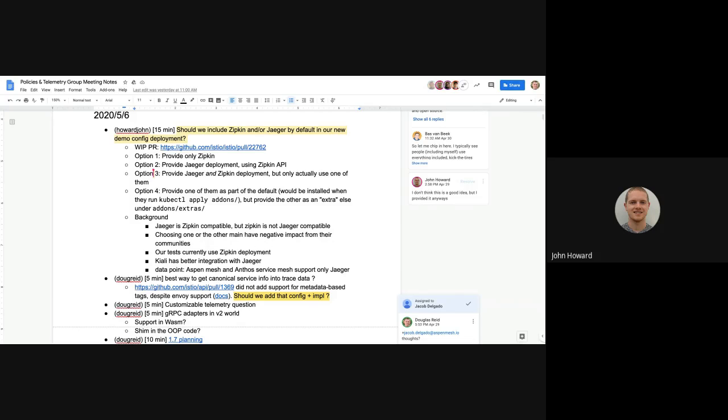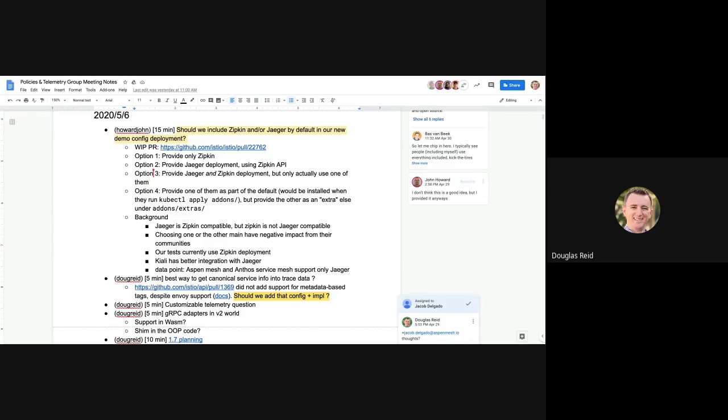And by easily enabled, do you suggest just documentation on how to do that, or just another folder like I mentioned in the options, like extras slash Zipkin? Right. Yeah, I think just another folder, and of course a doc to go with it, but that should be trivial. The doc should just say, okay, just do this kubectl apply, or something like that.